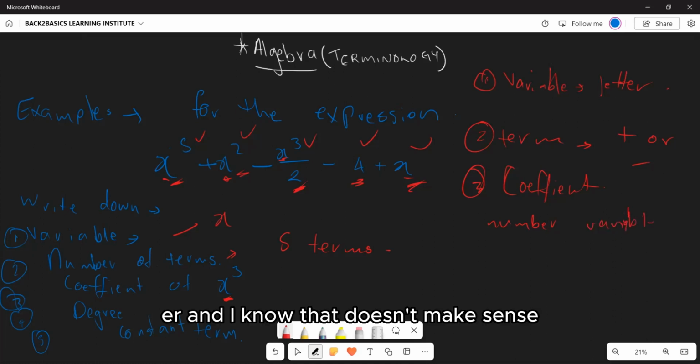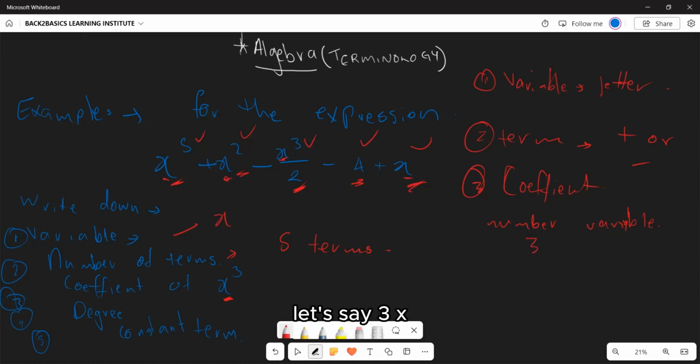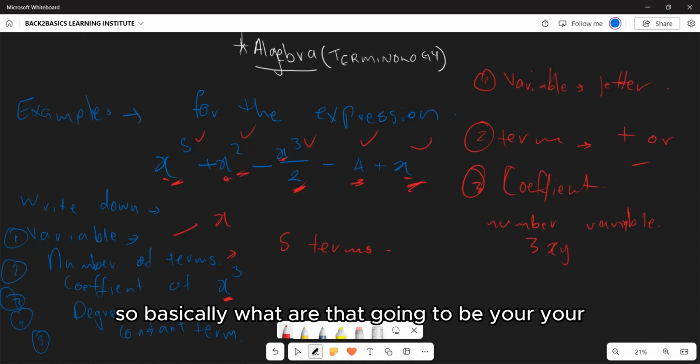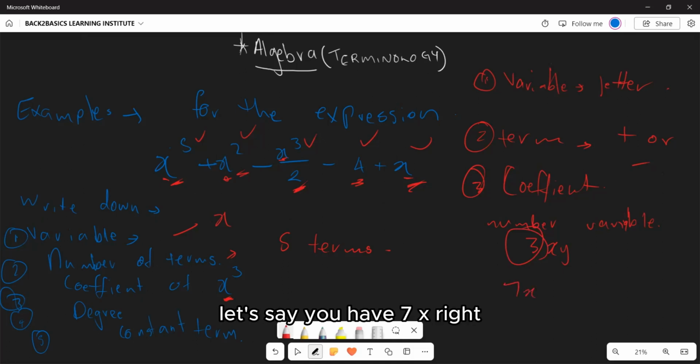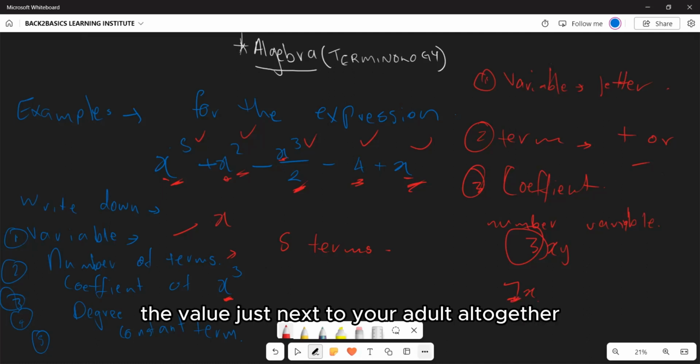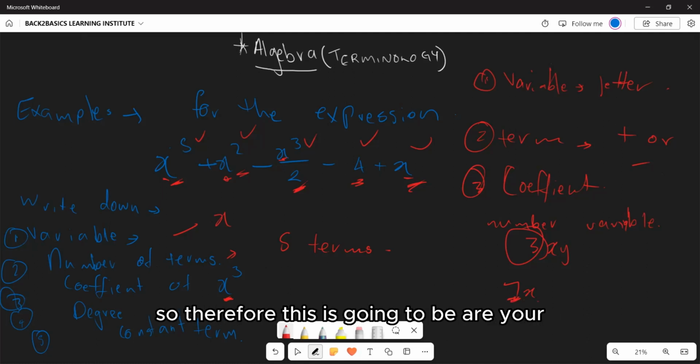I know that doesn't make sense, but basically, isn't it that we said when we have, let's say, 3x, 3xy, right? So basically, your coefficient of that is going to be the 3, right? Even if you have, let's say, 7x, the 7 here is going to be the coefficient because it is the value just next to your unknown altogether.